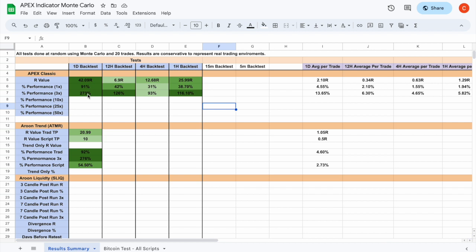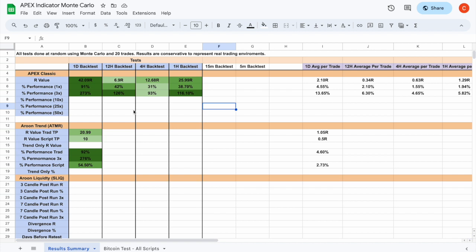The 1 day did outbeat the 5 minutes, so just keep that in mind. But it still did beat out everything else, and the 15-minute chart actually blew everything away. So that's something to keep in mind. That would have equaled about 48.5% if you had done 25x. Just keep that in mind, because your performance will vary depending on how much risk you want to apply.